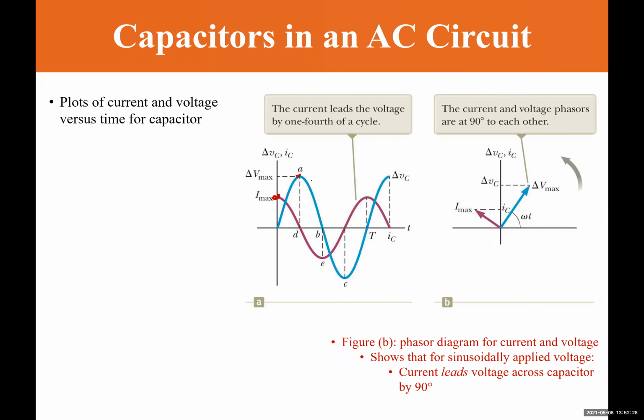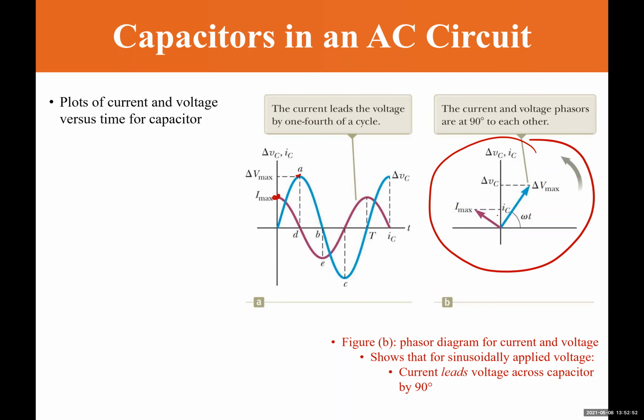the current reaching its maximum earlier than the voltage maximum means that in the phasor diagram, the voltage phasor is the same as before, for V max. Now the current is ahead by 90 degrees or pi over 2.